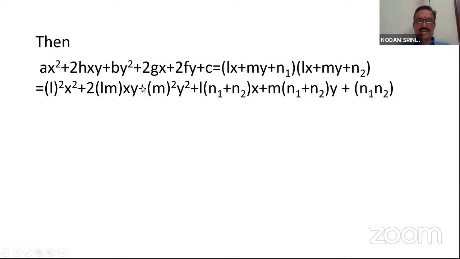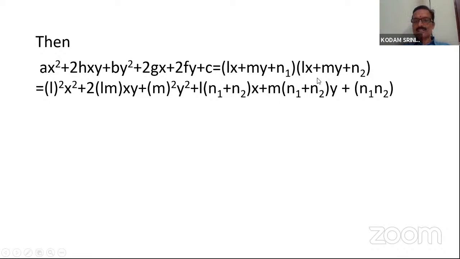Now again we have to equate the LHS and RHS. While multiplying these two terms, (lx + my + n1)(lx + my + n2), lx into lx gives l²x².